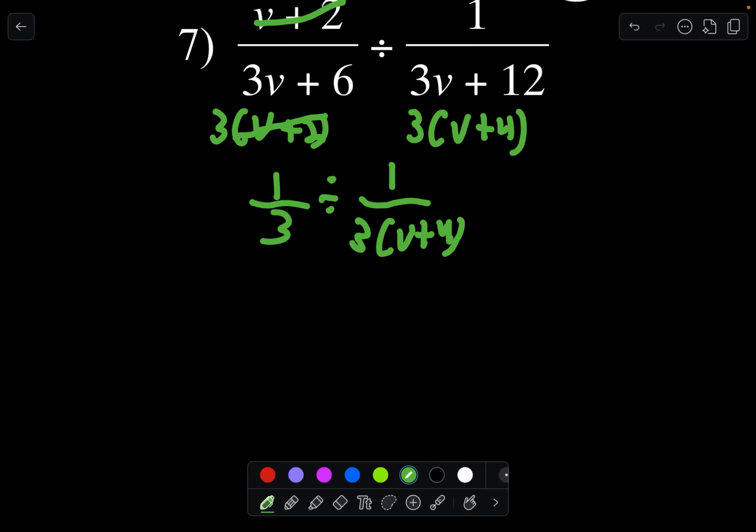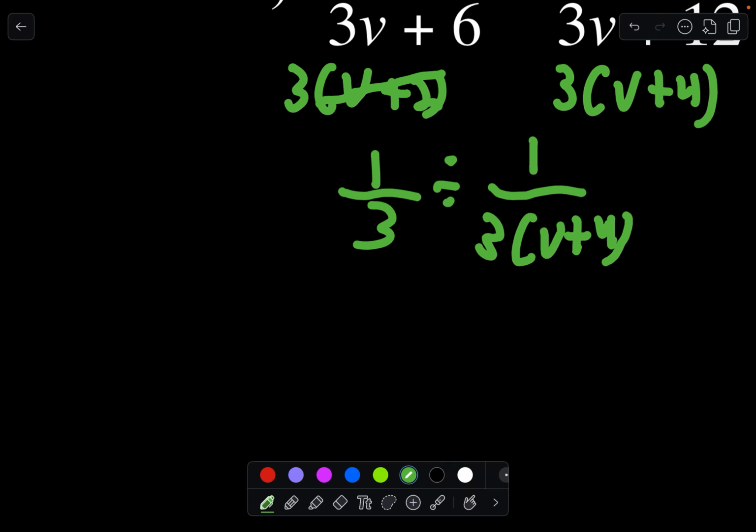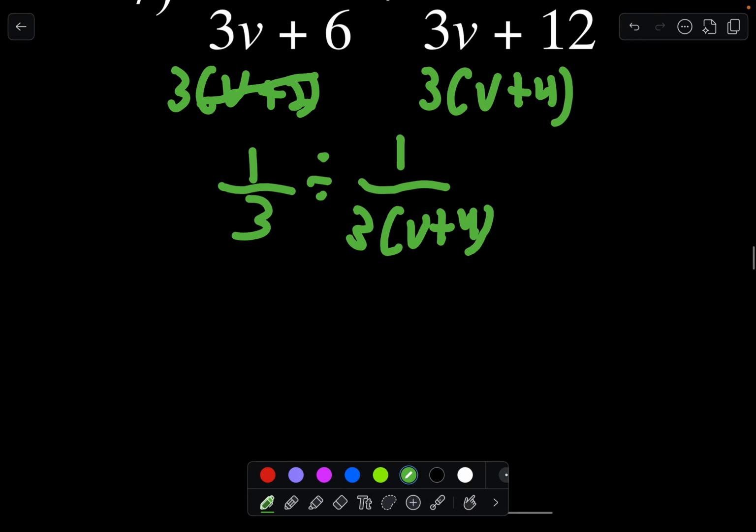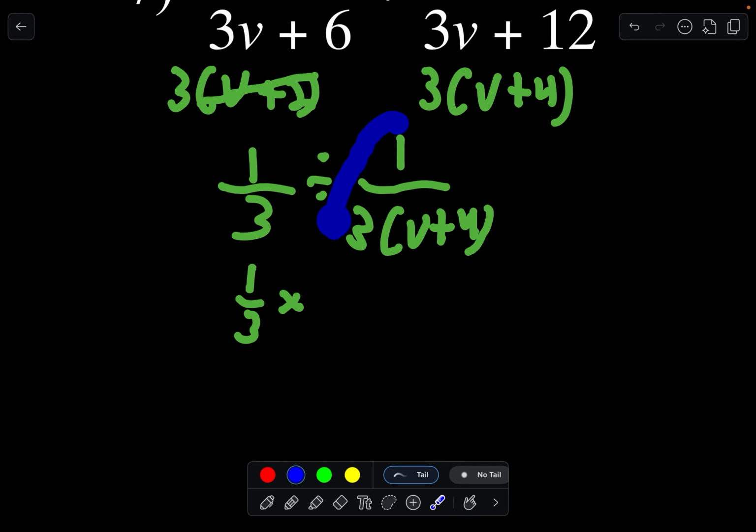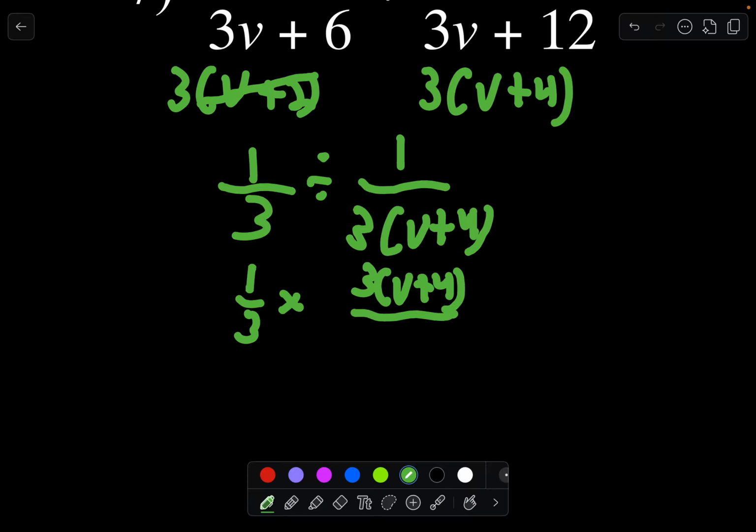Now, division can be turned into multiplication by flipping right and multiplying. So we're going to turn division into multiplication by taking the 1/3. Now it's multiplication. Now we're flipping this fraction upside down. So that's going to be 3 parentheses v plus 4 all over 1. Now, is there anything else that can be divided out?